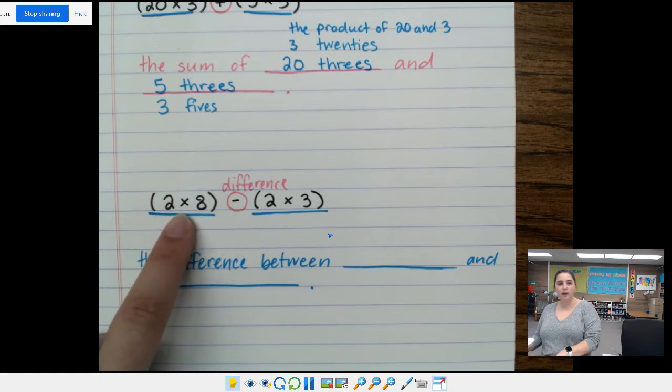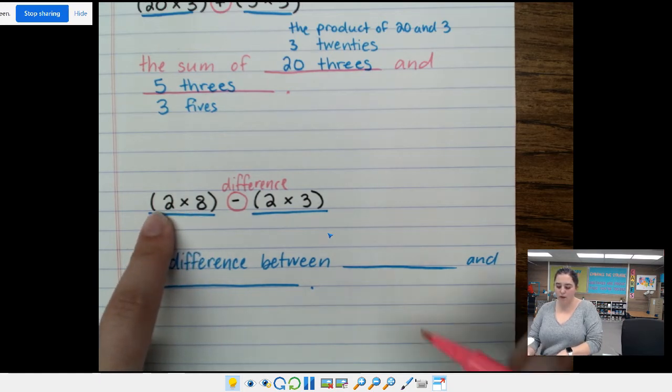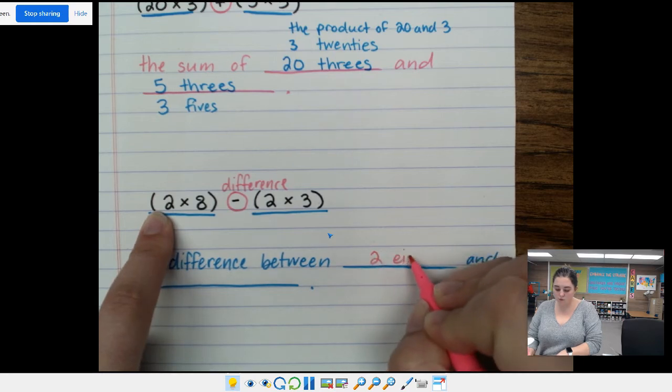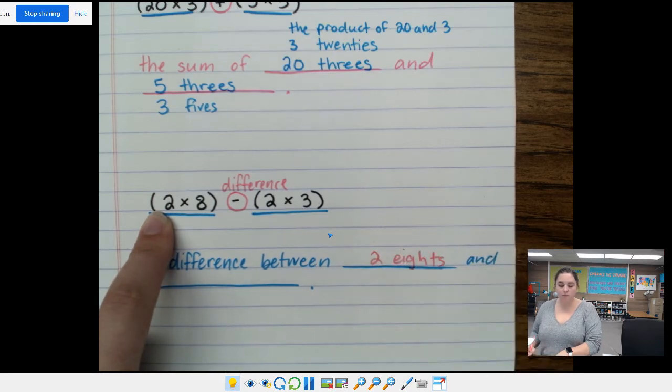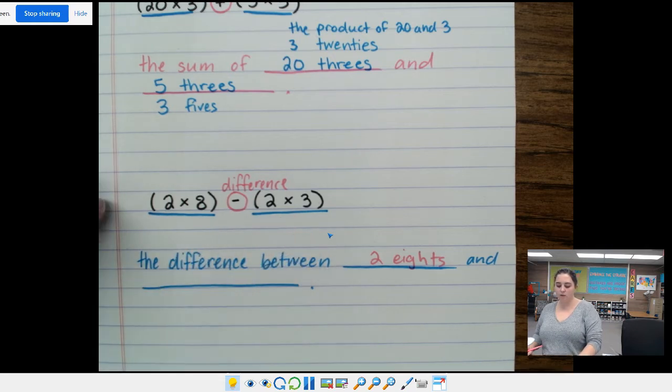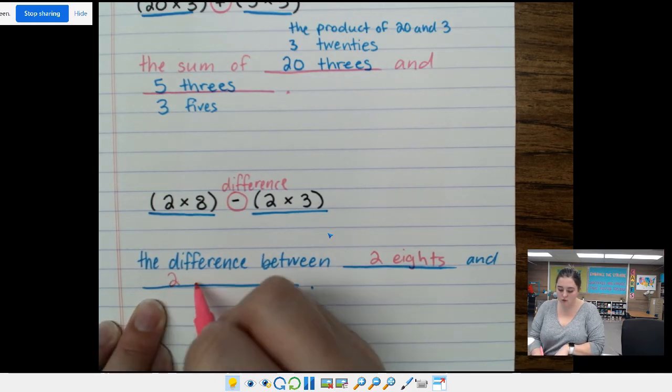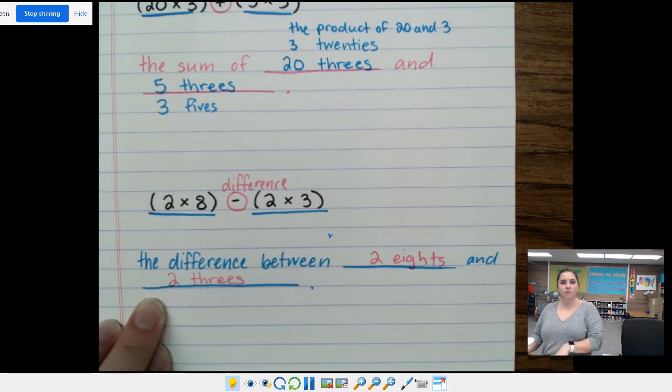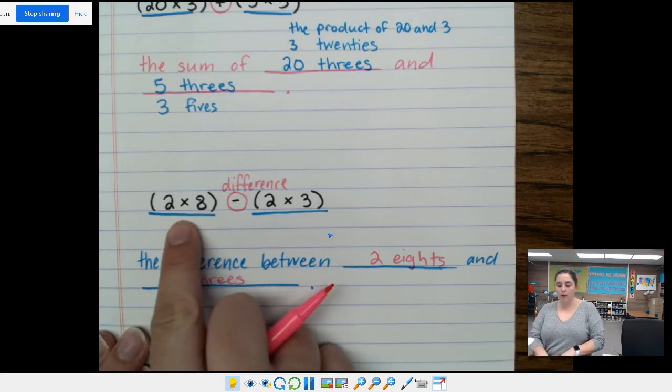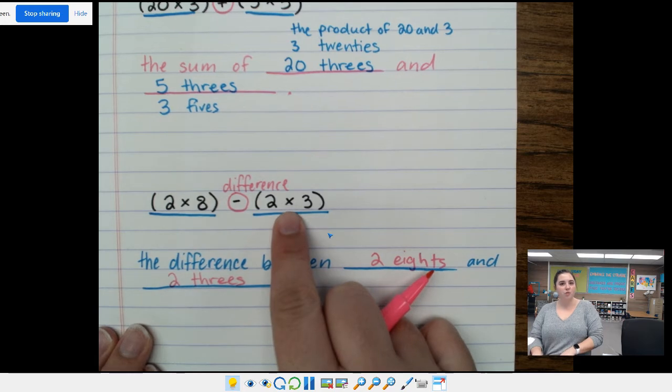How could we say that? How about 2 8s? What about on the other side? The difference between 2 8s and 2 3s.